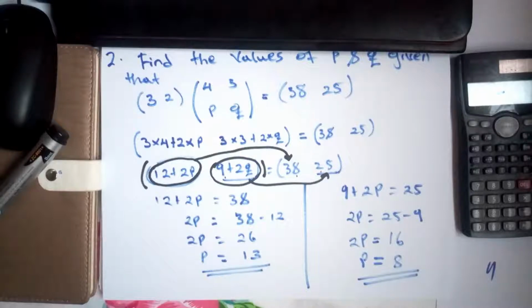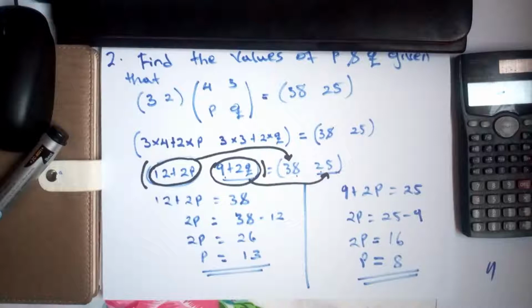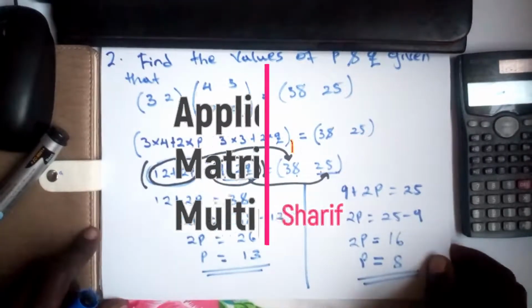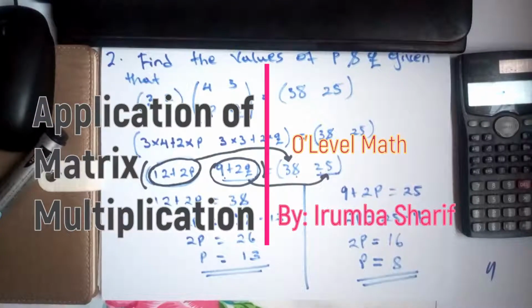So we are going to continue with our series on matrix multiplication applicability. We are still going to apply the concept of matrix multiplication. Last time we looked at finding unknowns, or solving unknowns, using matrix multiplication.